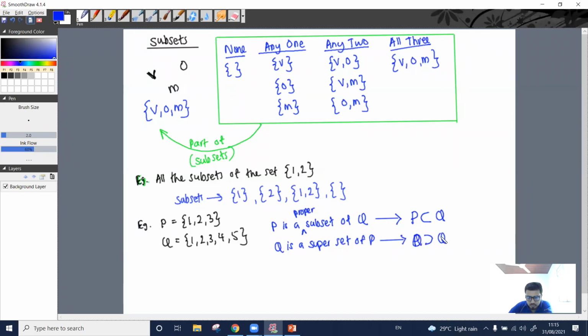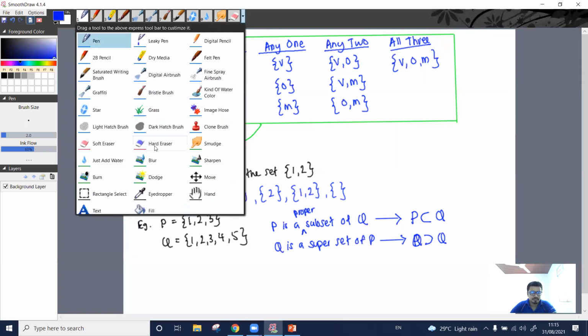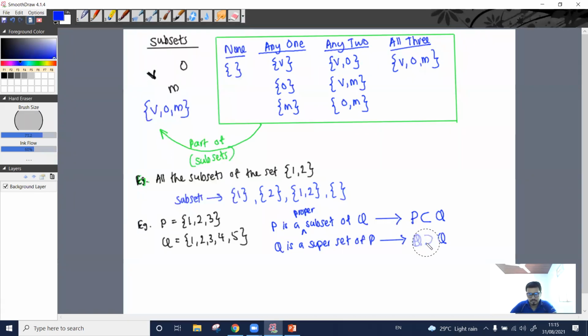Here it actually should be Q and P. If we write the same like this, then this means Q is a superset of P. Maybe this is the most common way that we write it, right? The subsets. P is a proper subset of Q.